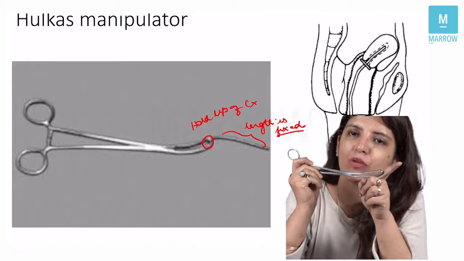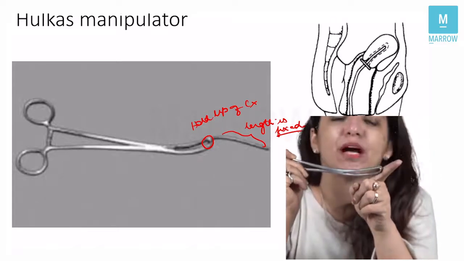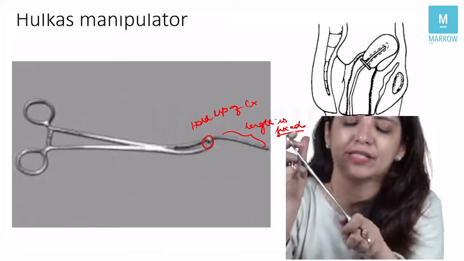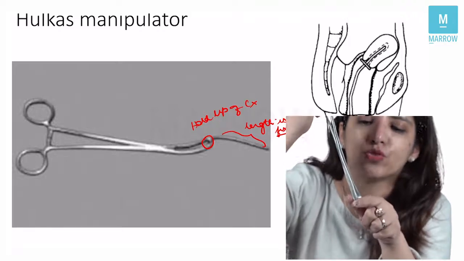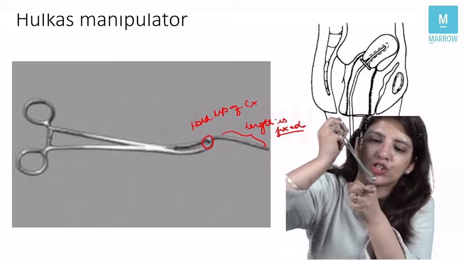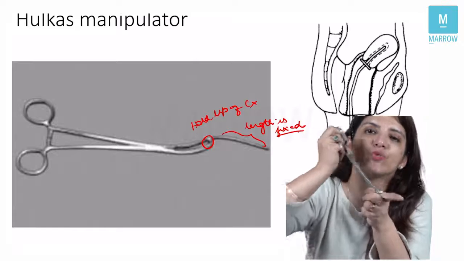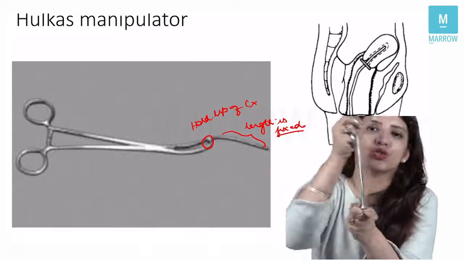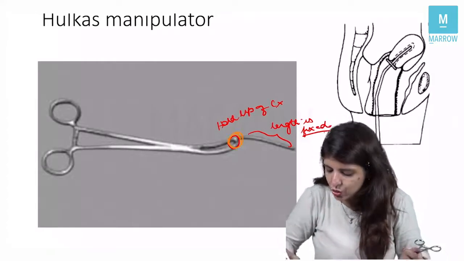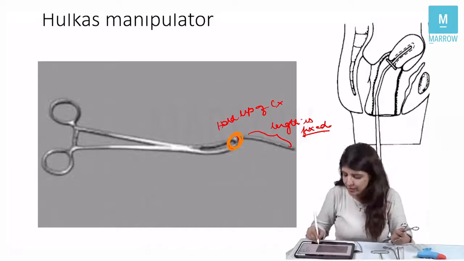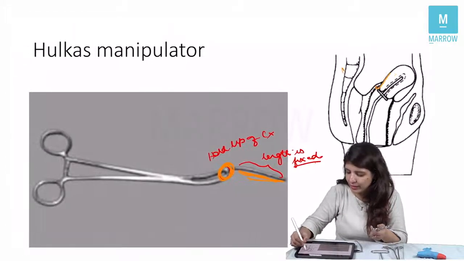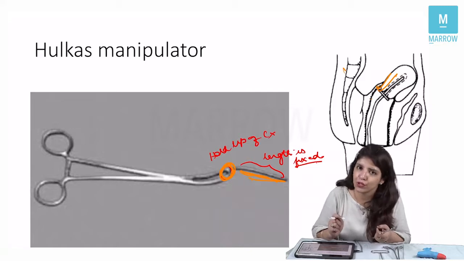This end is going to get attached to the lips of the cervix, and the rod-like structure is going to go inside the uterus, and you can manipulate the uterus during surgeries.